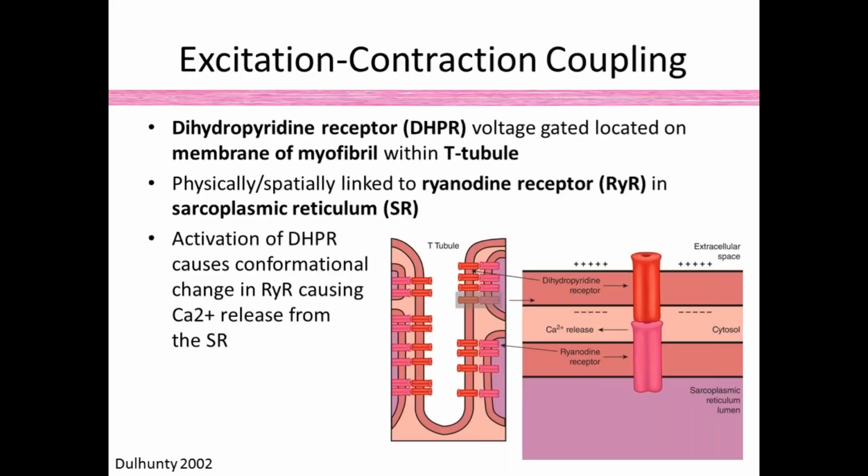They're two independent structures, and what the DHPR does when it's hit with the action potential, it still being the same receptor, is open up and allow calcium to come in from the outside of the cell, and it's the presence of the calcium from outside that causes the ryanodine receptor to open. Hence why it's called calcium-induced calcium release. We'll go over this again in the cardiac section, but I want to prime you now so that you'll remember that there was something different about the heart in this particular arrangement.